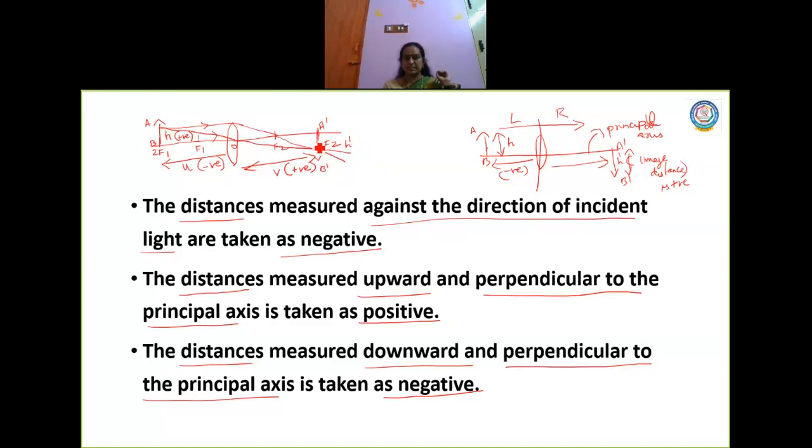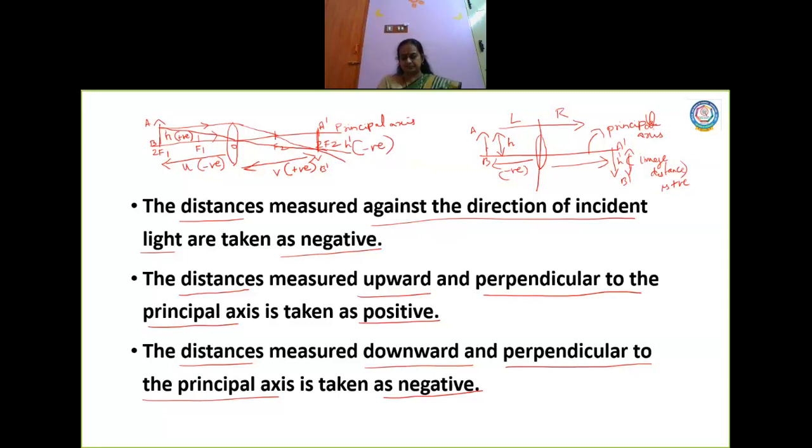I measure this height below the principal axis, so anything measured below the principal axis, this h dash, will be negative. This is with respect to one diagram. You have to measure u, v, h dash, h according to these Cartesian conventions.